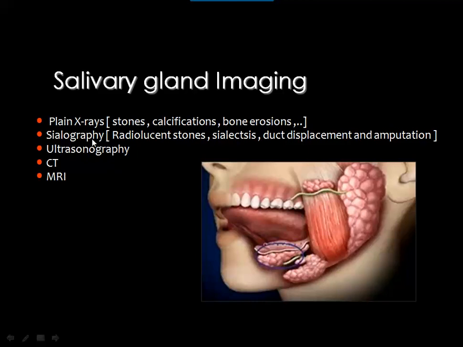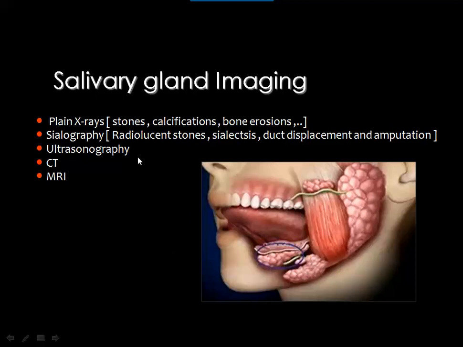Sialography is one of the techniques that was frequently used in the era before CT and MRI for detection of radiolucent calculi, the diagnosis of sialectasis, and to show some duct displacement or amputation in cases of space occupying lesions. Ultrasound is now one of the best imaging modalities for evaluation of many of the lesions in the head and neck, including the regions of the salivary glands.